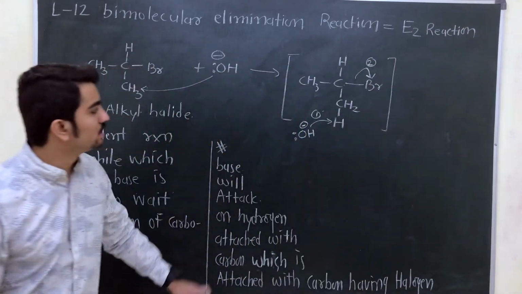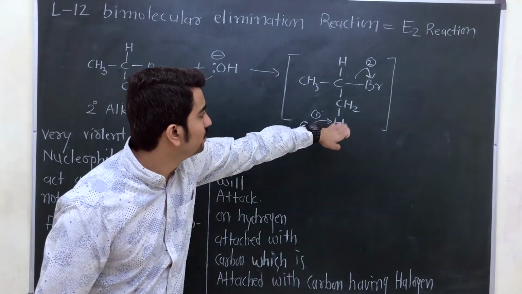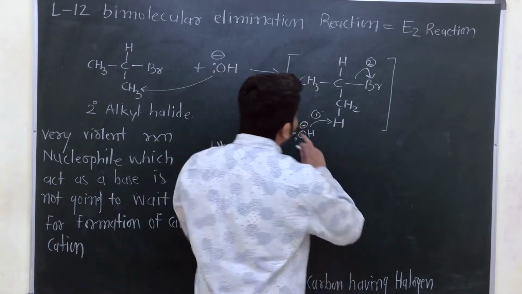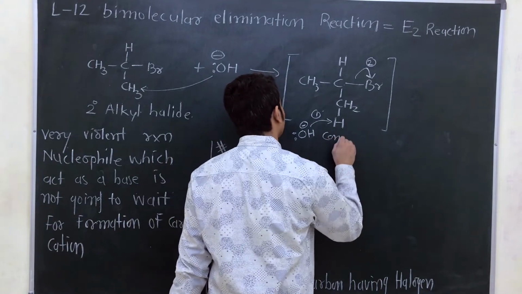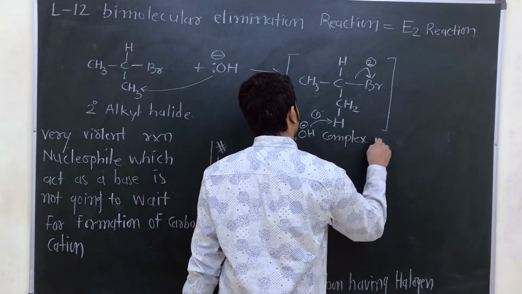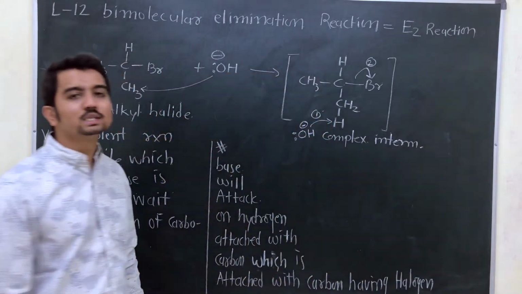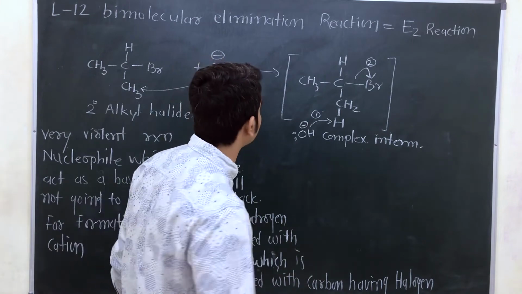This is a complex intermediate. In the first step, OH- is going to attack on the hydrogen atom and bromine is going to withdraw the electron pair. So at that instant this is happening. So this is a complex intermediate, same form like in an SN2 reaction mechanism.